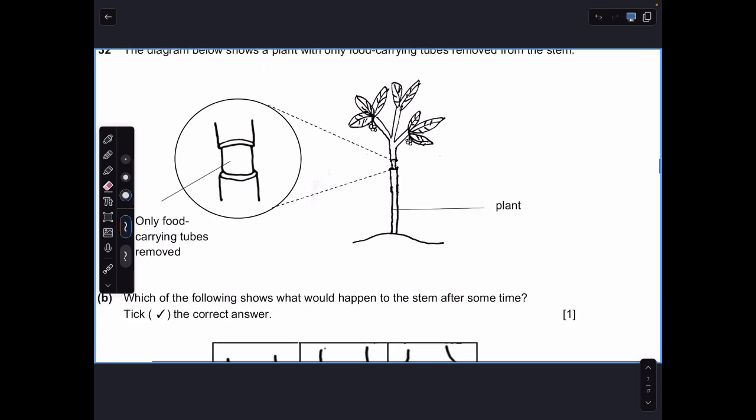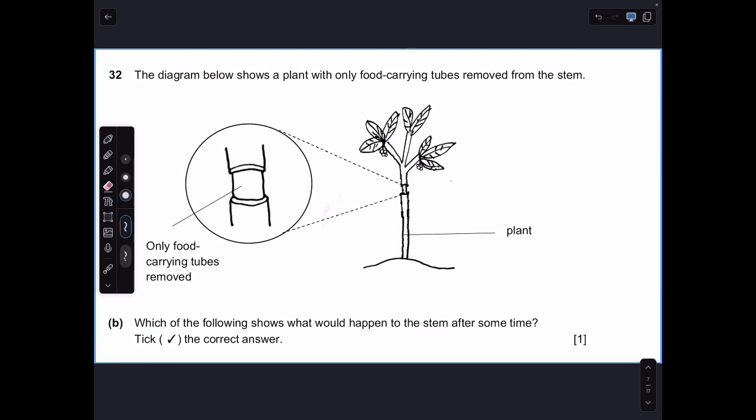The diagram below shows a plant with only food carrying tubes. When I see the words food carrying tubes, straight away I know that this is transport in plants. Right? And when I know that it's transport in plants, the first thing that jumps to my mind will be things like my xylem and my phloem.